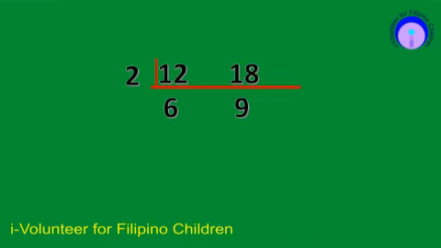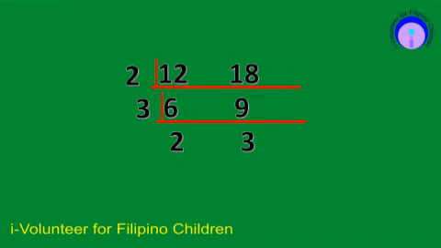Are we going to stop dividing? The answer is no, because we still have a common factor for both 6 and 9. What is common to 6 and 9? Of course, 3. 6 divided by 3 is equal to 2, and 9 divided by 3 is equal to 3.